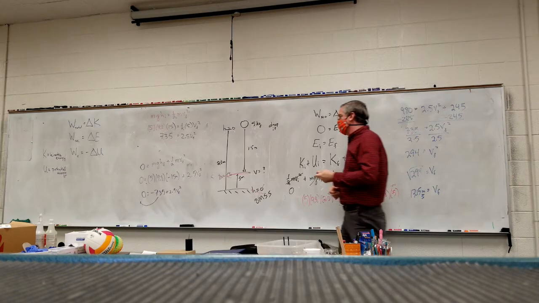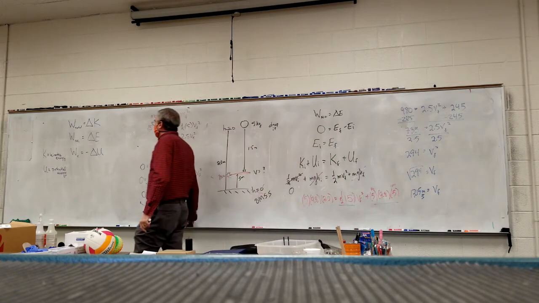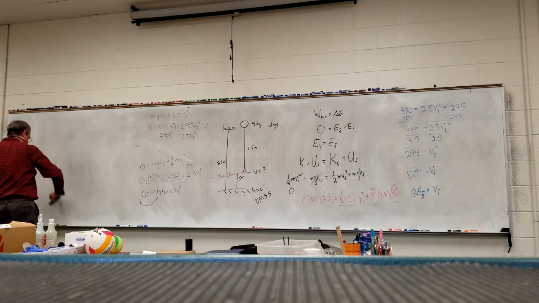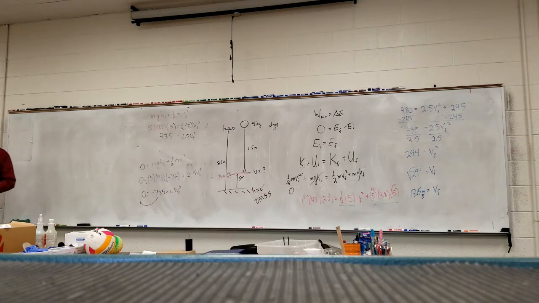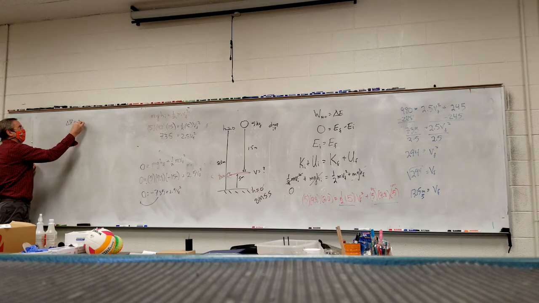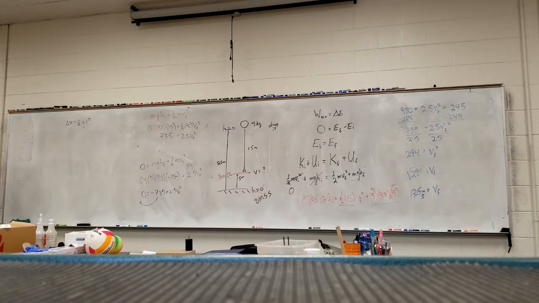All right, let's do it the chapter 3 way. There's a formula from chapter 3 where if you take an object and just drop it, the distance it's going to go is 1/2 GT squared.